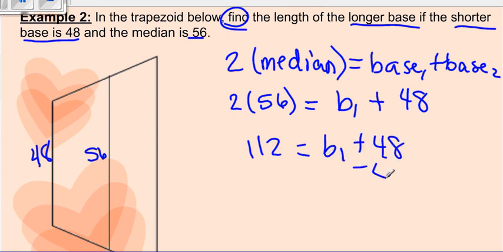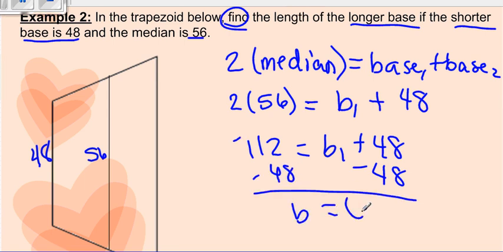Subtract the 48 from both sides, and our B1 will equal 64 there. Okay, again, you can always check to make sure it's the median. Make sure there's the same distance between 48 and 56 as 56 and 64.